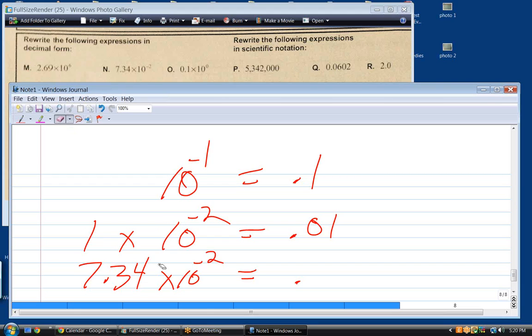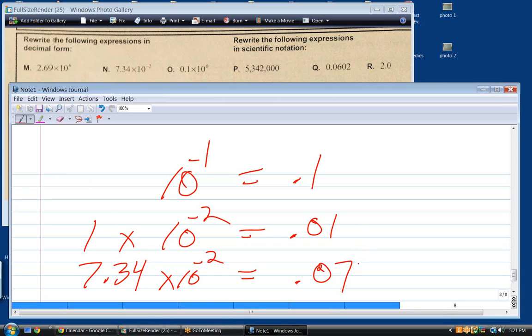Let's just do it one at a time. What's 7 times 10 to the minus 2? 0.07. Yes. Okay, so 7.34 times 10 to the minus 2 must be what?